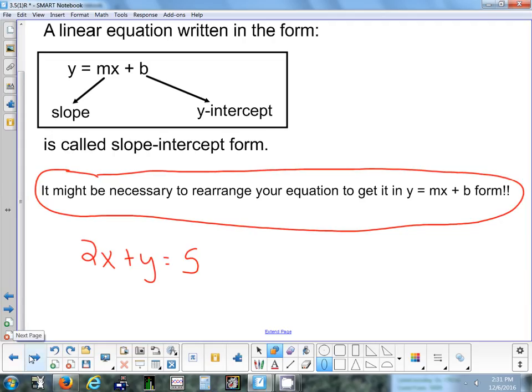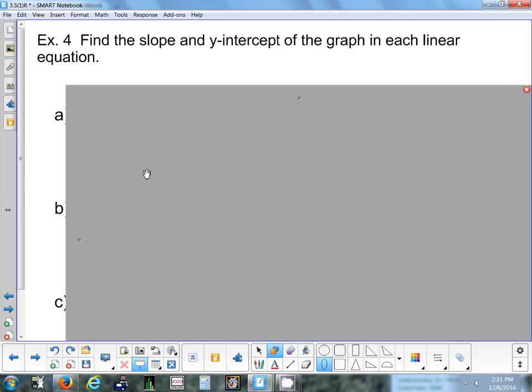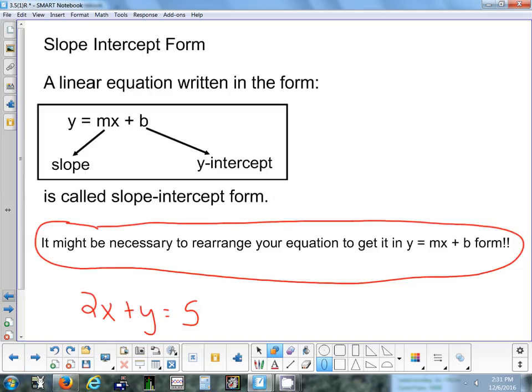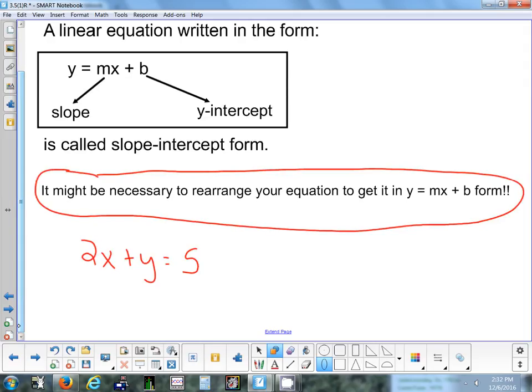We have the y on the left-hand side, which I agree with. Then I got my equal sign, but then my x should be the next thing. Look where my x is, on the left-hand side. Vanessa? Subtract 2x, minus 2x, minus 2x. y equals. Can I combine negative 2x and 5?